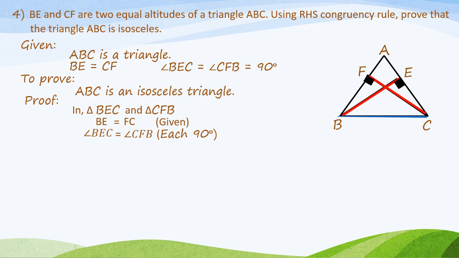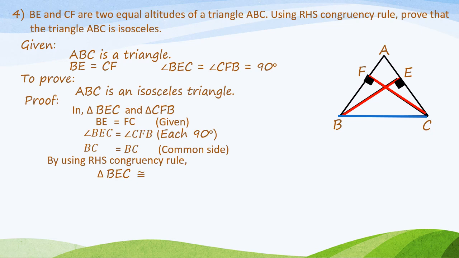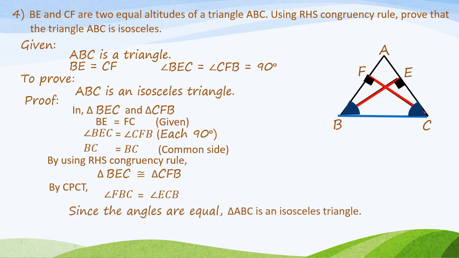Now if you see in both the triangles, BC is equal to BC, that is the common side. So by using the RHS rule, triangle BEC is congruent to triangle CFB. Hence by CPCT, angle ABC is equal to angle ACB. Hence, since the angles are equal, triangle ABC is an isosceles triangle, hence the proof.